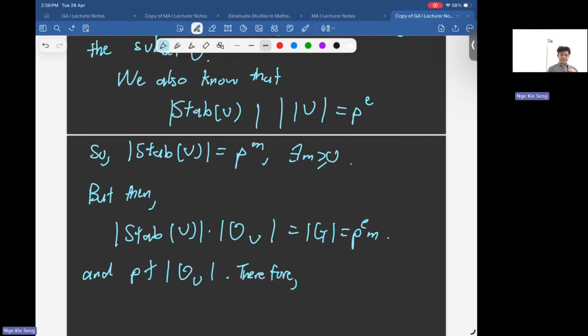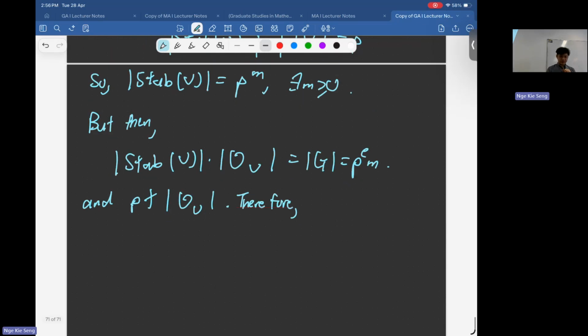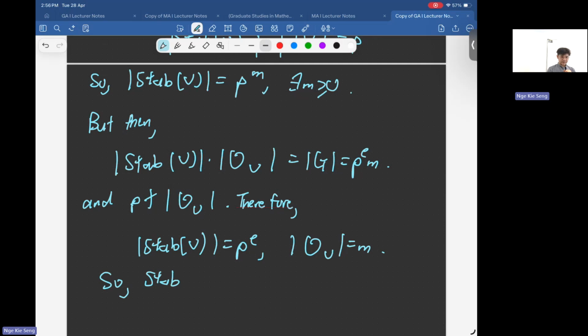So what's the decomposition? The orbit of U doesn't have a prime p factor, so all the prime p factors should go to the stabilizer of U. And then the order of the orbit is just n. So the stabilizer of U is the desired Sylow subgroup.